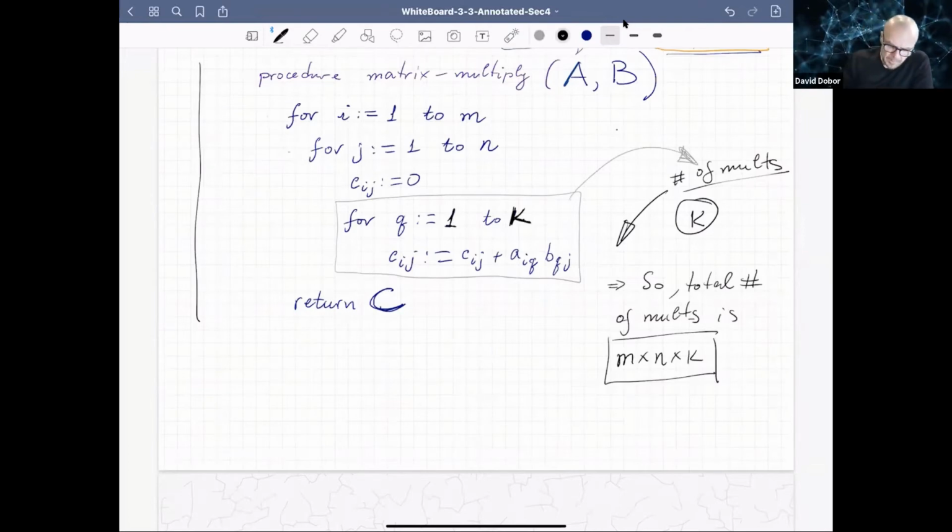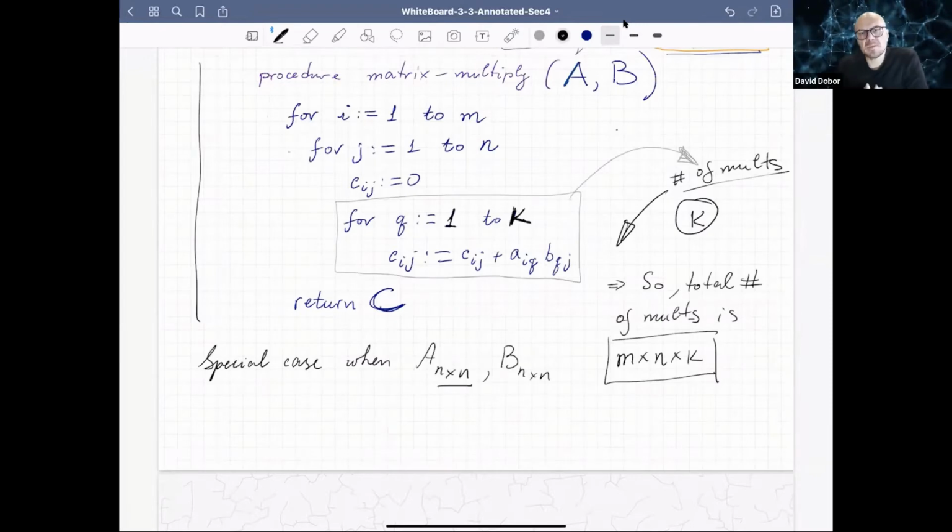Now, special case: when A is n by n, B is n by n, then out comes a matrix that is n by n also. So to multiply n by n square matrices, what is the time complexity? All these numbers, m, n, and k, they're all n. N cubed.